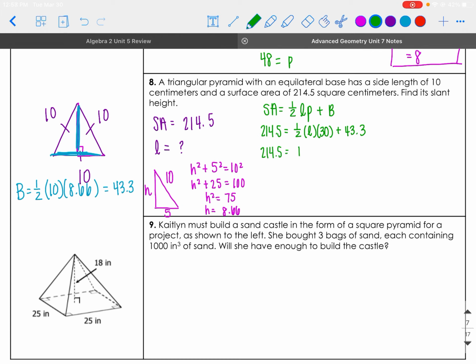Half of 30 is 15, so 15L plus 43.3. Now I subtract the 43.3 to get 171.2. And then dividing by 15 gives me 11.41 equals L, my slant height.